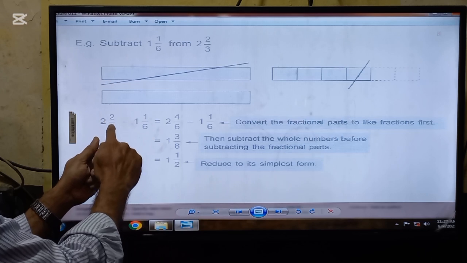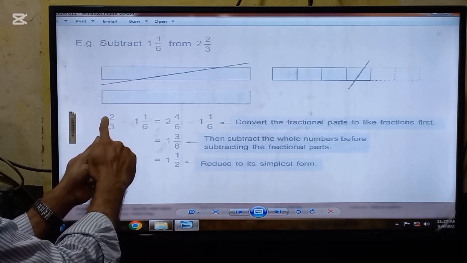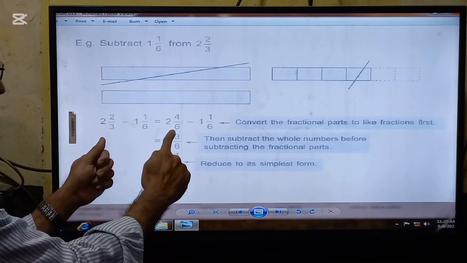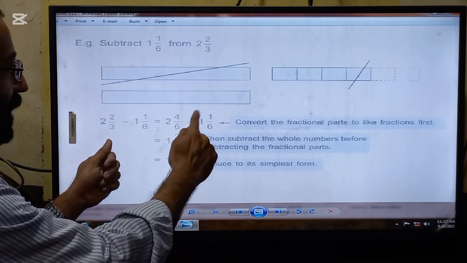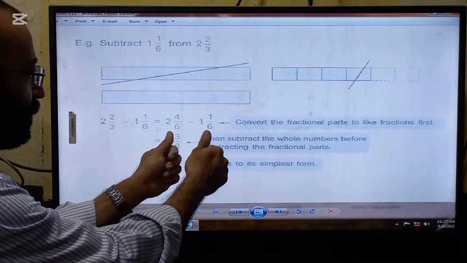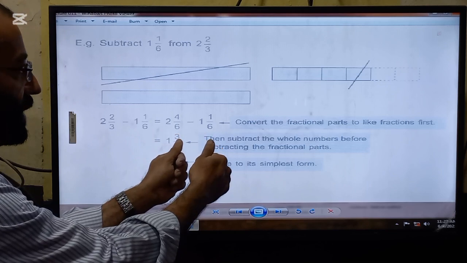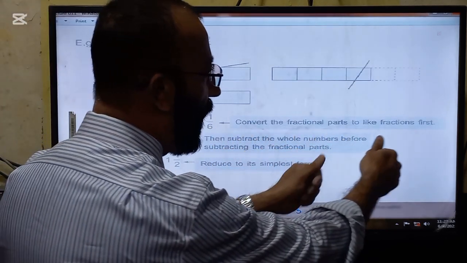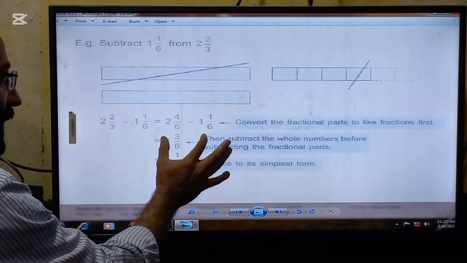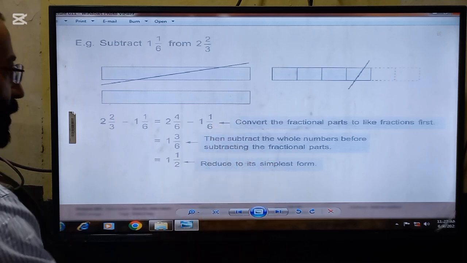We multiply the fraction by 2: 2 2s are 4 and 2 3s are 6. The second mixed number remains as it is, because both mixed numbers now have the same denominator. So the fractional parts are now like fractions.